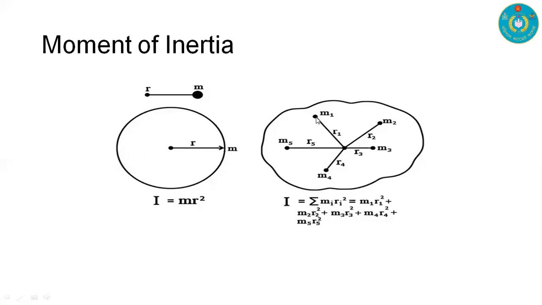For the particle M1, we have the radial distance R1, and we can write the moment of inertia for the first particle as m1 r1 square, and for the second particle m2 r2 square, and for the third particle and so on. If we sum all these quantities, we can write the final equation, that is I is equal to summation of mi ri square.